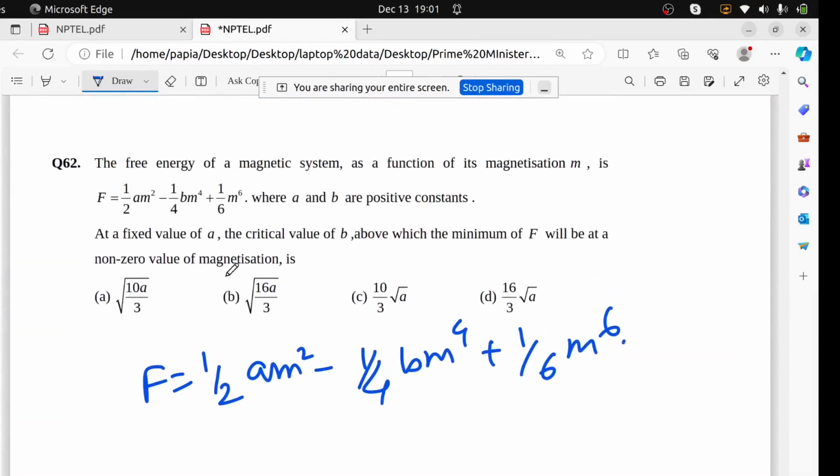They are asking the non-zero value of magnetization, above which the minimum of F will be at a non-zero value of magnetization, in which condition. That is the thing. If it will not be done, then we can talk with the ratios also. Okay, so maybe we can stop here and then we'll meet in the next class.